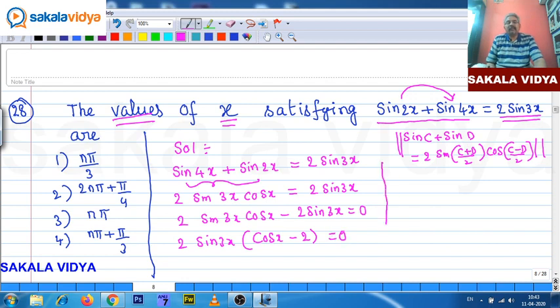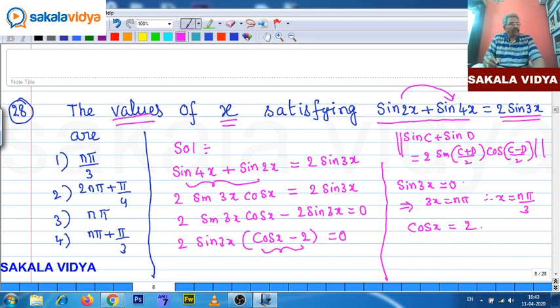Now we get two cases. The first case is sin 3x equal to 0, which means the general solution is 3x equal to n pi. Therefore, x is equal to n pi by 3. It's one of the solutions. For the other, cos x is equal to 2.